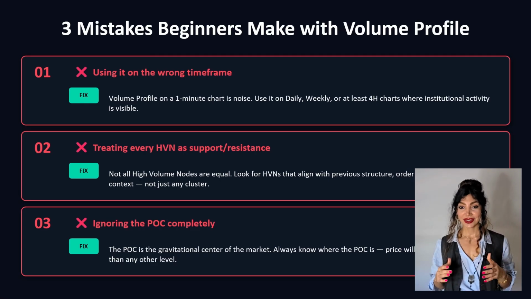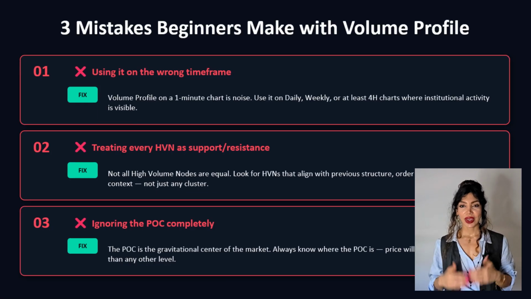Price will visit the POC more often than any other level. Fix. Every single day before you do anything else, identify where the POC is. Mark it on your chart and watch how price reacts to it throughout the session.